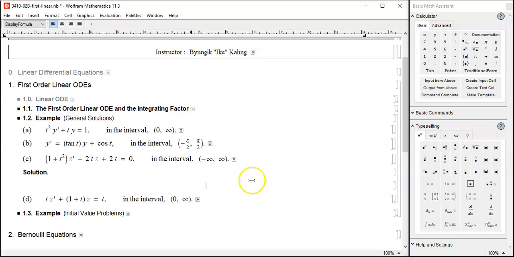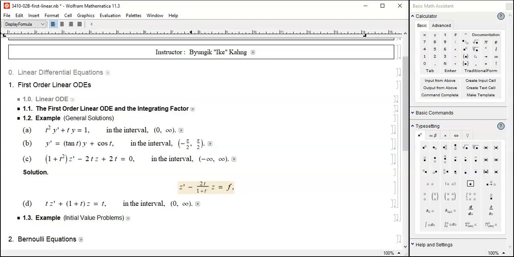Okay, the very first thing we have to do is to make it into the standard form, so z prime plus pz equals f. That's what we want. So divide by 1 plus t squared. So this is going to be negative 2t over 1 plus t squared.